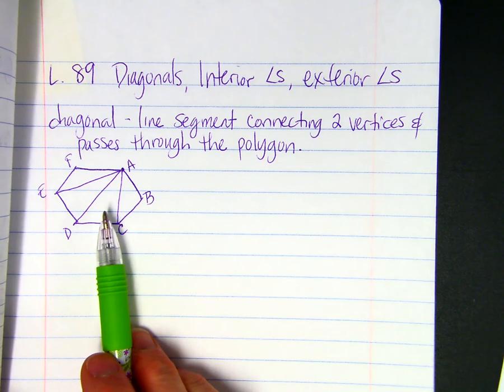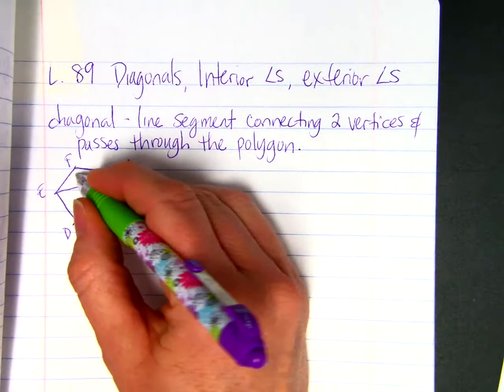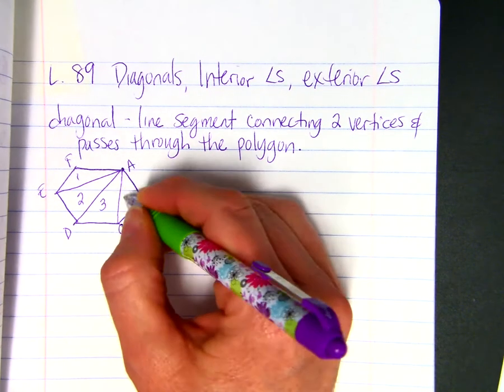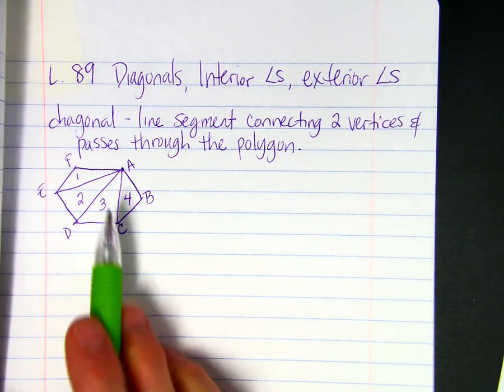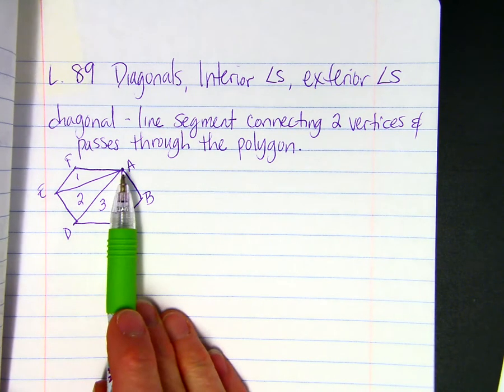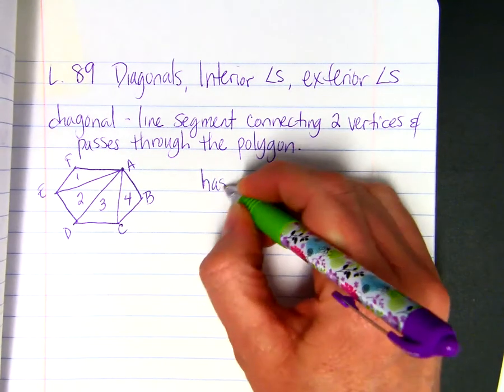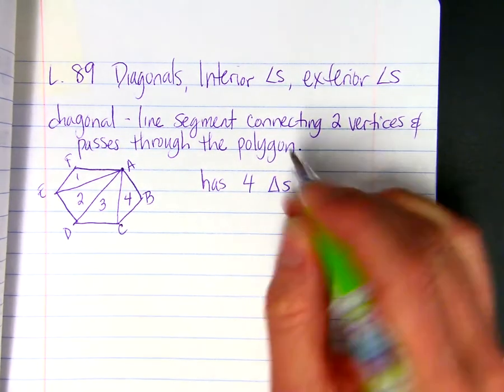So this has 4 triangles. If you notice, there are 4 triangles that are formed if you draw just the diagonals coming from one vertex.